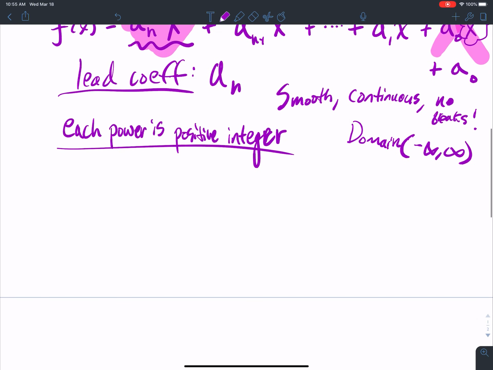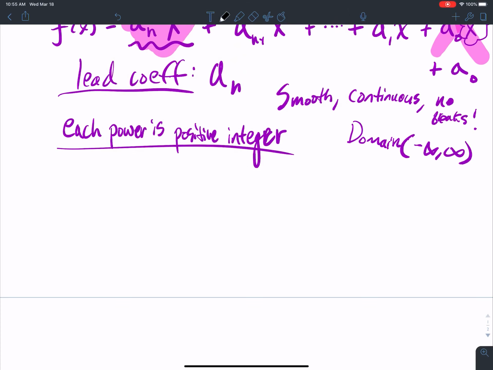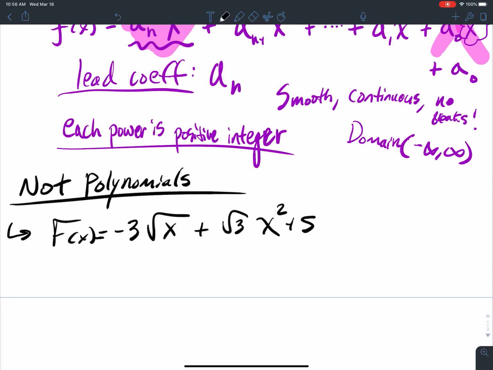Okay? Sometimes it's helpful to see things that are not polynomials to get an idea of what things are polynomials. So non-examples, not polynomials, include f of x equals -3 square root x plus square root 3 x squared plus 5.